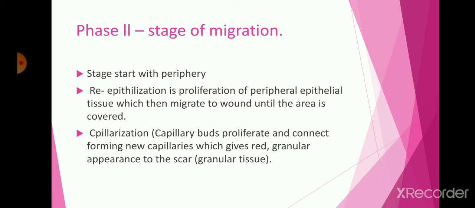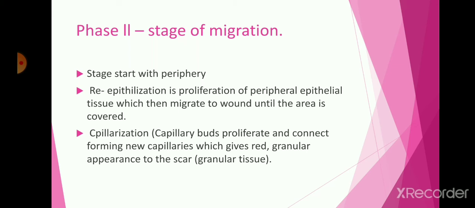Reepithelialization is the proliferation of peripheral epithelial tissue which then migrates to the wound until the area is covered. So reepithelialization means the skin is covered with epithelial cells to form an intact layer at the injured site, and this occurs till the area of the injured site is covered.